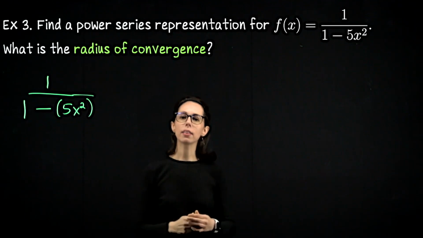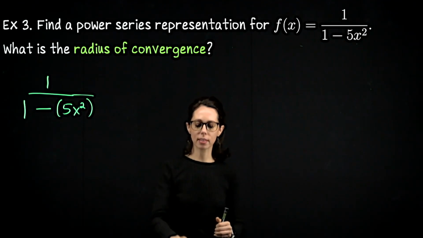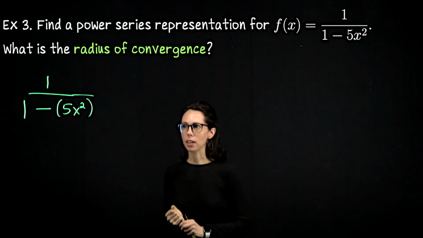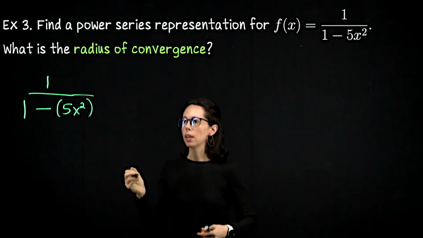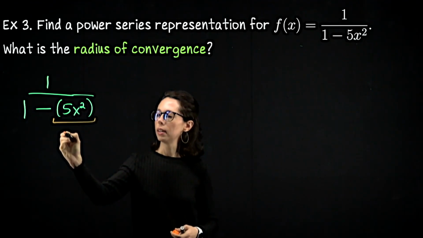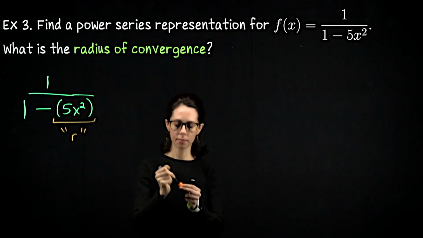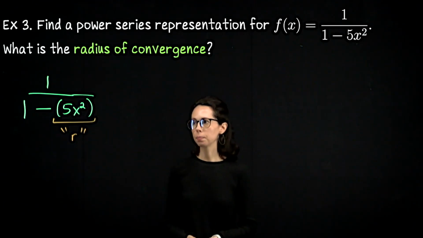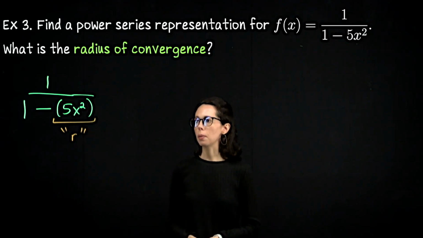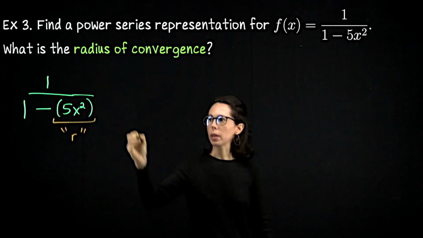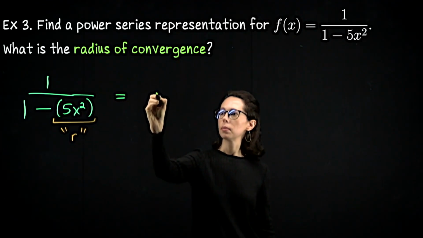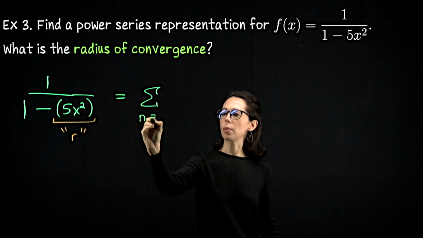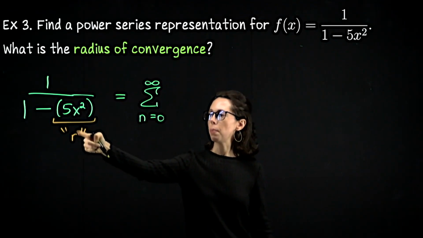But this is exactly the form that we want to see in order to use this conversion that relies on our knowledge of the geometric series. So this expression right here is the base. So it's what we think of as r. So 1 over 1 minus 5x squared, we can pass immediately to a power series. This is going to be the series adding up from n equals 0 to infinity, this base to the n.